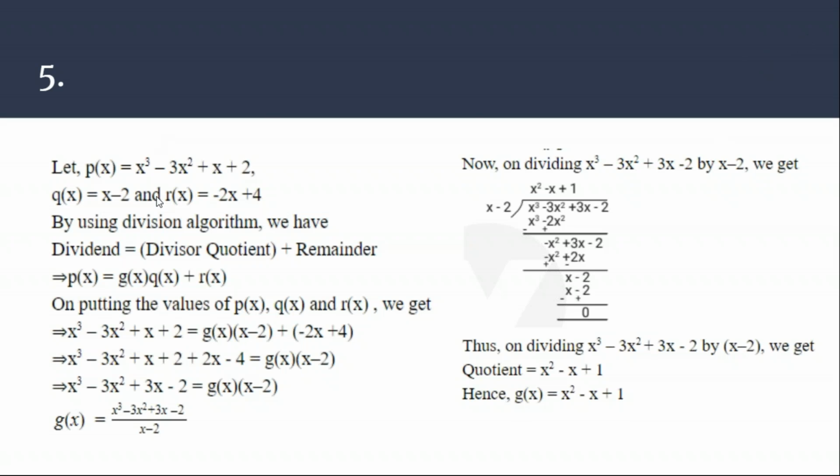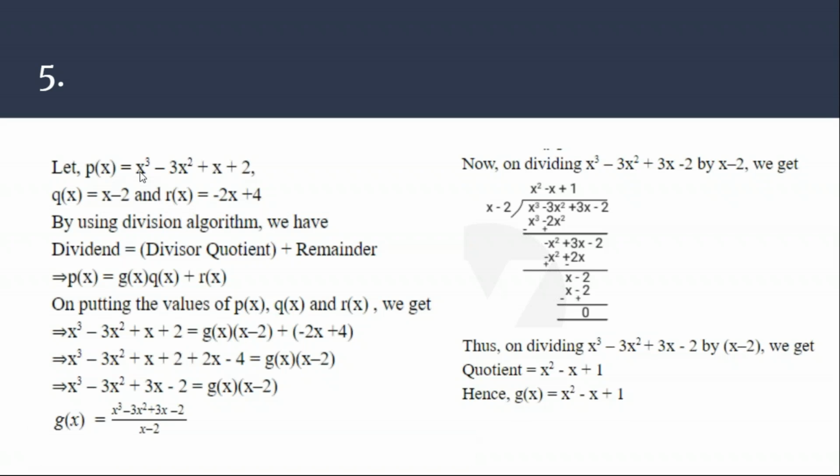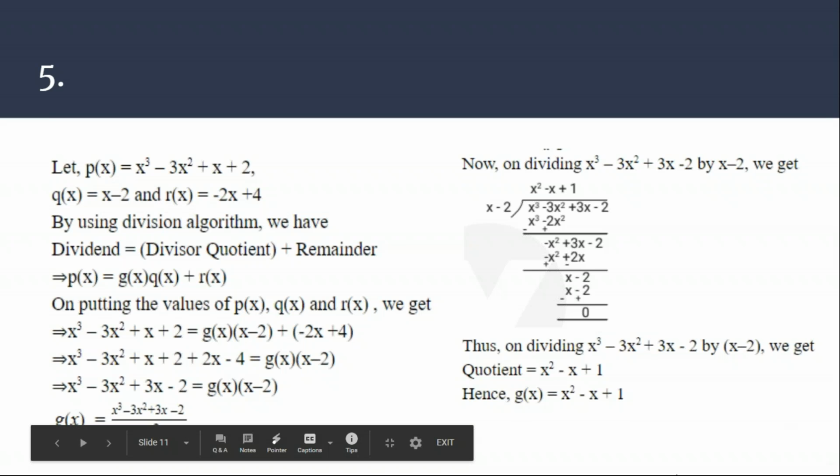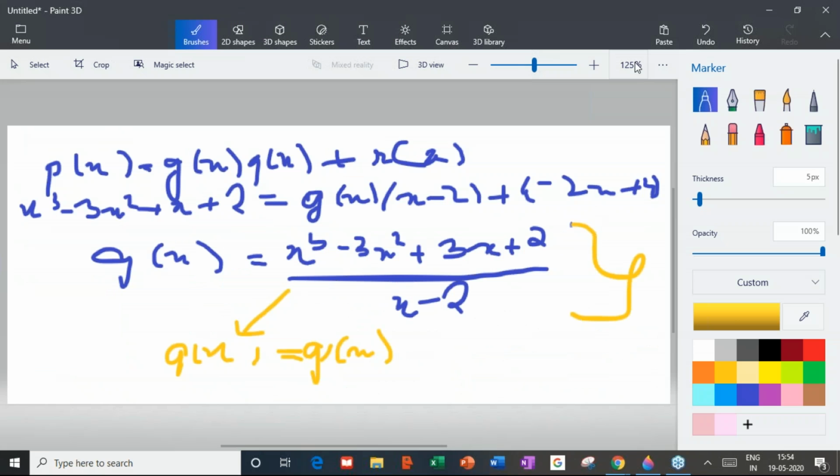So dividend is P of X and divisor is always G of X. Can you explain the question again? Yes, sure. I'll just show you with this thing here. The division algorithm is basically P of X is equal to G of X into Q of X plus R of X. Here both the quotient and the remainder are given.